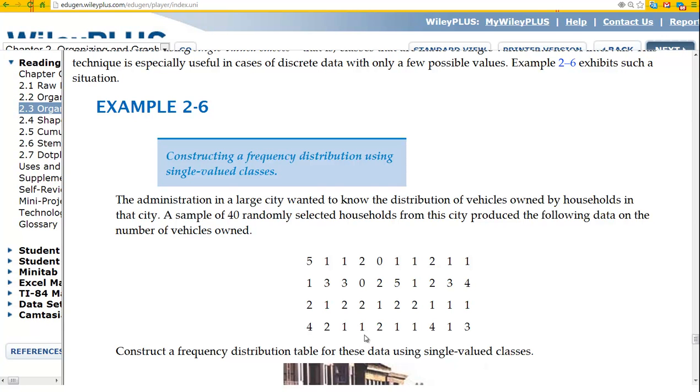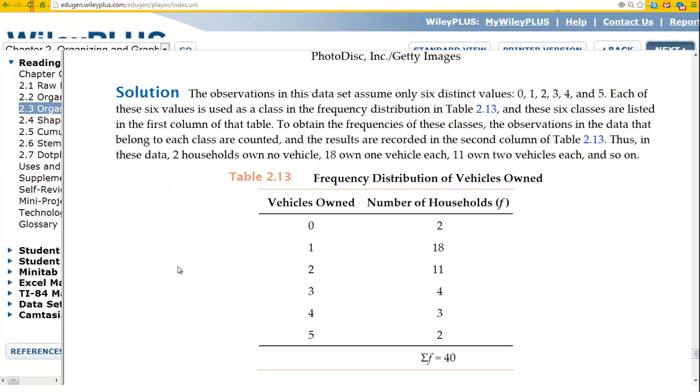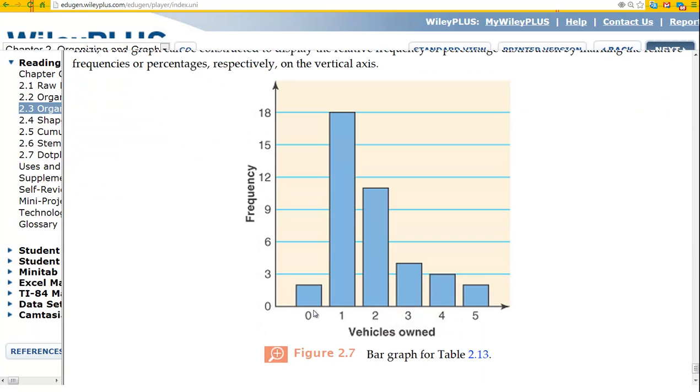In that case, let's not do intervals per se. Let's just do points. How many zeros were there? How many ones were there? How many twos, threes? These are not intervals, these are points. So then they're going to get this kind of graph.